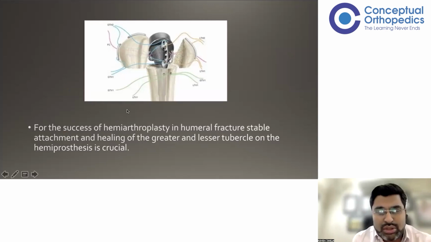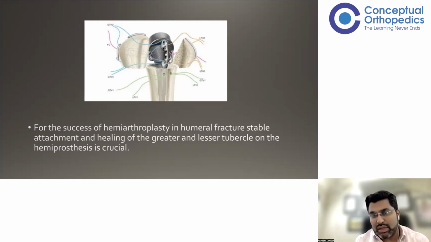The most important thing about hemi-arthroplasty that you have to understand is, you have to ensure that the tuberosities come back properly. If there is one mantra for successful hemi-arthroplasty, it is the reconstruction of tuberosity. If you do not reconstruct tuberosity well, that hemi-arthroplasty will not have an appropriate outcome.